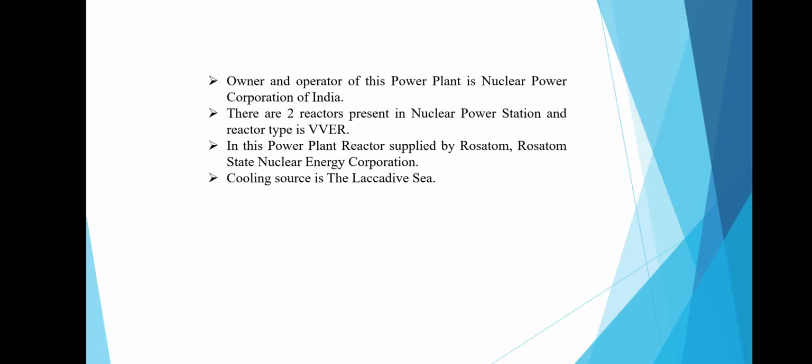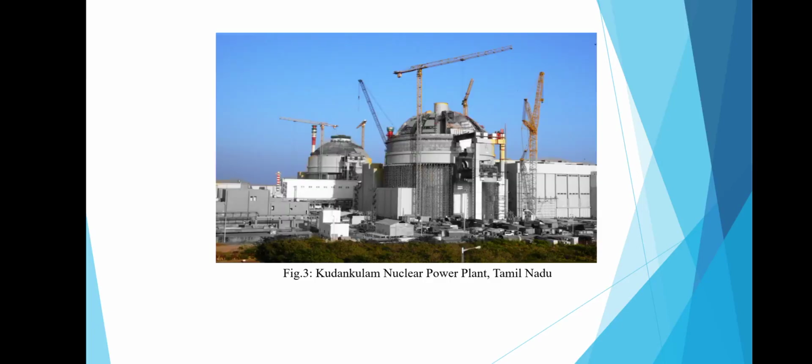There are 2 reactors present in the nuclear power station and reactor type is VVER. In this power plant, reactors were supplied by Rosatom State Nuclear Energy Corporation. Cooling source is the Lakshadweep Sea. This is Kudankulam Nuclear Power Plant.